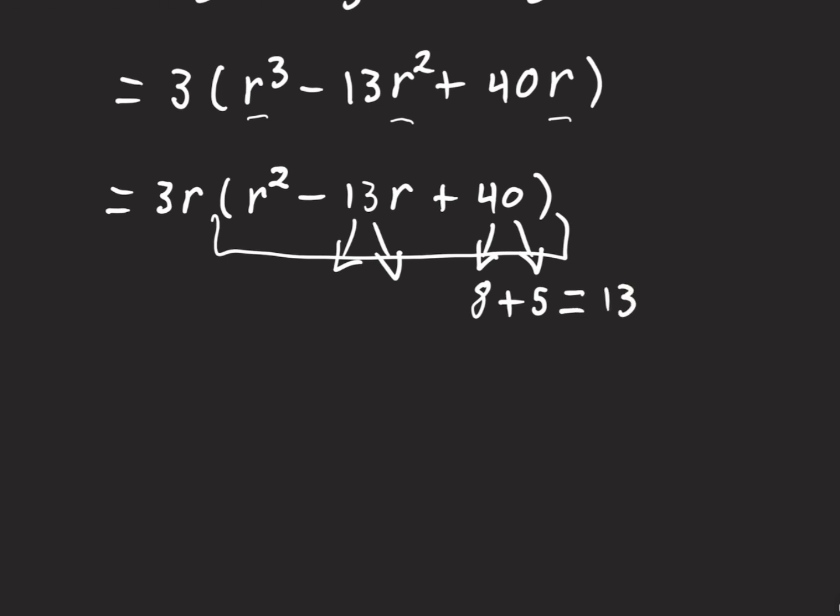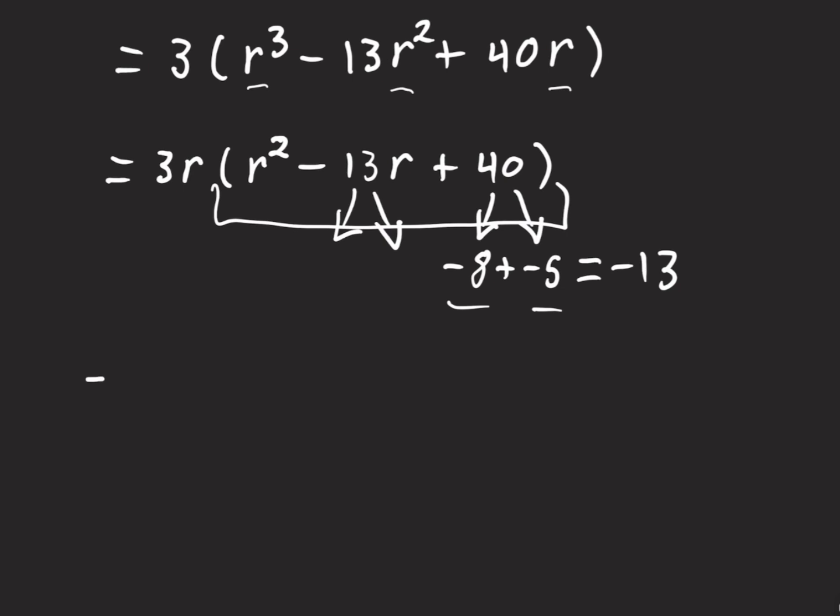Well, like our last question, we're trying to get negative 13. So let's just try flipping the signs of the 8 and the 5 there. So instead, we're going to do negative 8 and negative 5. And if I add these together, I will get negative 13. So these are our answers. So our final answer will look like, we got to keep that 3r.